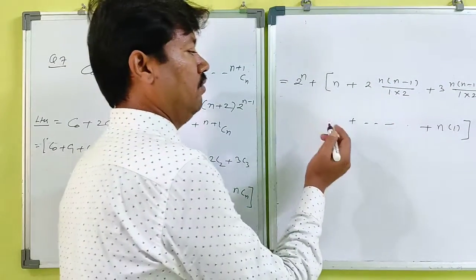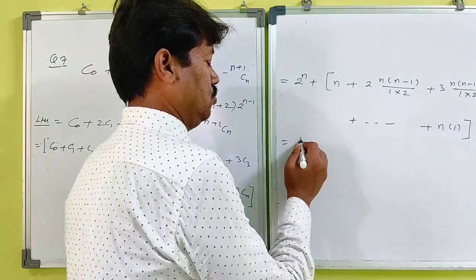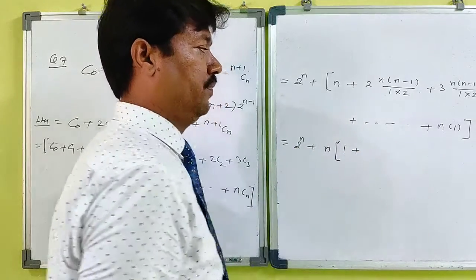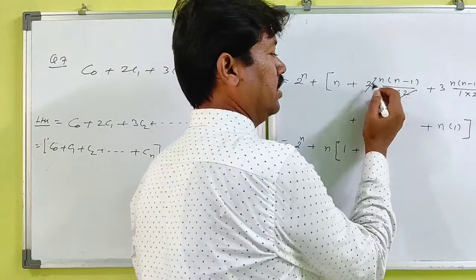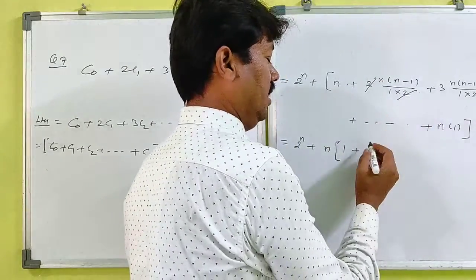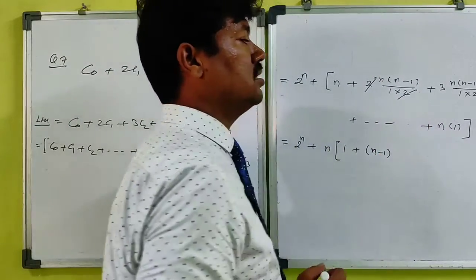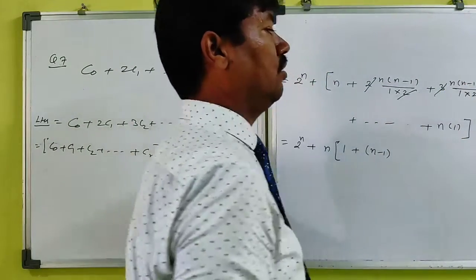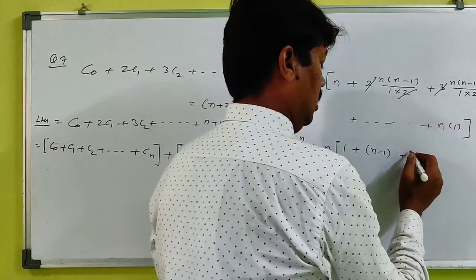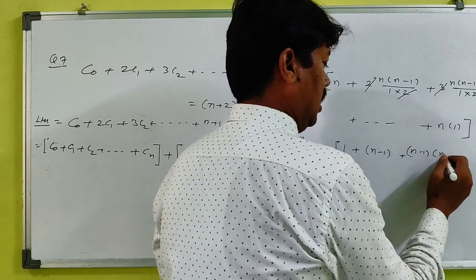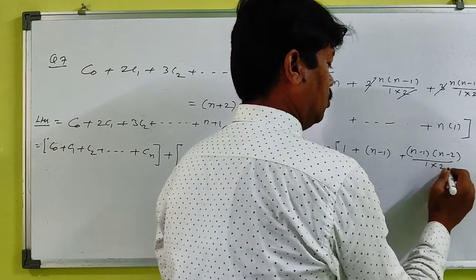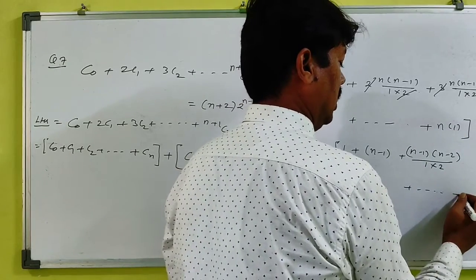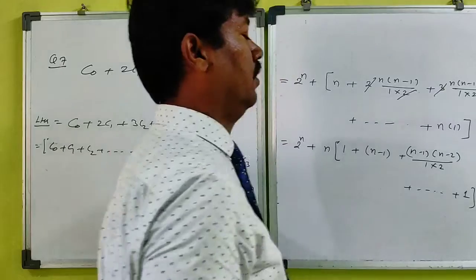Now we observe this, we can take n common. n is there everywhere. So it is 2 raised to n, and if you take n common here, 1 plus. Now this 2 and this 2 are out and n is out, so what remains is n minus 1. Similarly, this 3 cancels, n is taken common, so what remains is (n minus 1)(n minus 2) upon 1 into 2. Plus, like this, n common, and last 1 remains again.